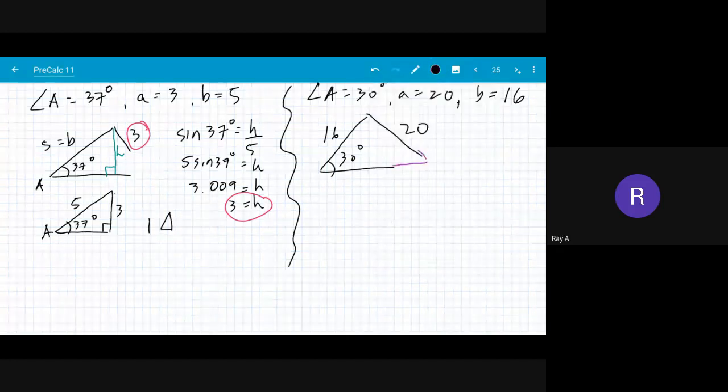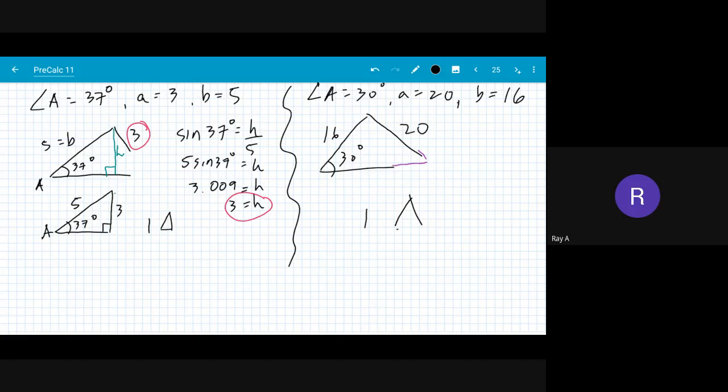And what is the hint here? How can you tell that there is one triangle? Well, if you are given one angle and then two other sides, just like what we have been doing from the very beginning, and side A is greater than side B, then right away you know that there will be one triangle possible.